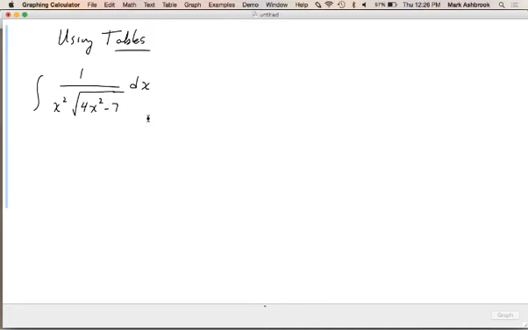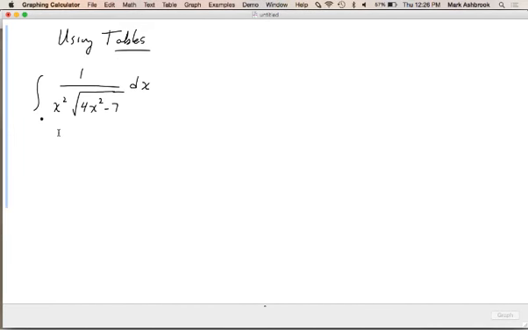Certainly not one of the basic forms for undoing the product rule. Definitely not partial fractions. So then we think, okay, u-substitution. If I let u equal 4x squared minus 7, it's not really going to help, because I'm going to end up with something complicated in u and x squared. So just doing u equals 4x squared minus 7 isn't going to make this easier necessarily. So here's where tables come in.